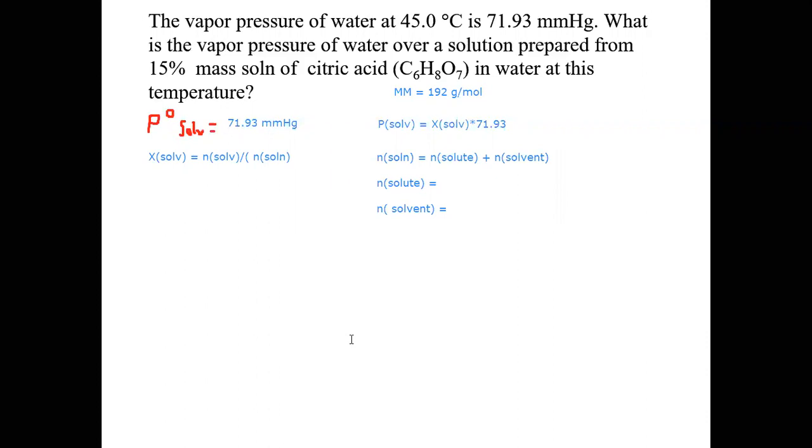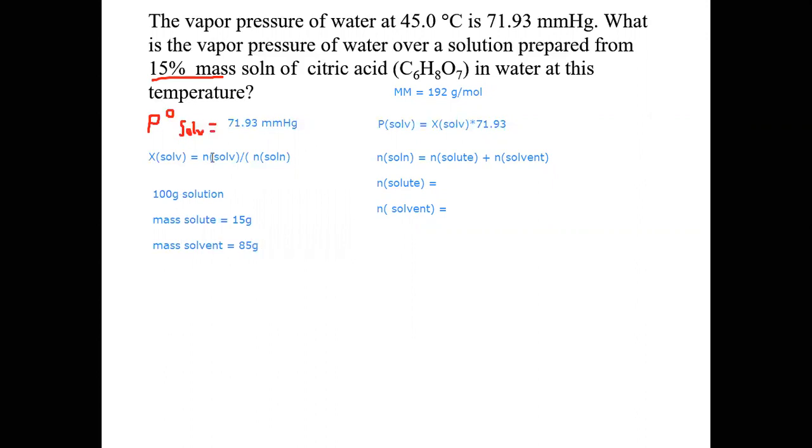So we're given the mass percent, a 15% mass solution of citric acid. So we need to make our assumption. We're going to assume a 100 gram solution. If we have a 100 gram solution, we know the mass of solute is 15 grams and the mass of solvent is 85 grams.